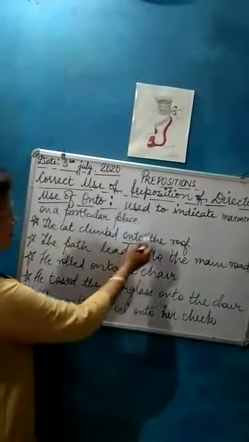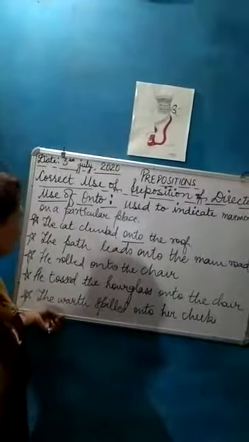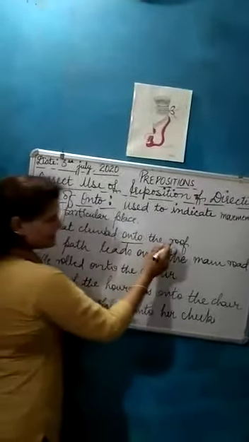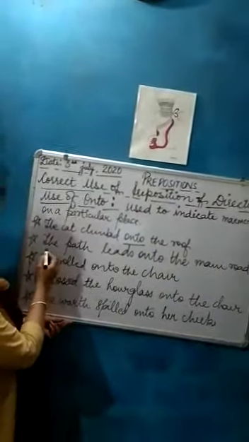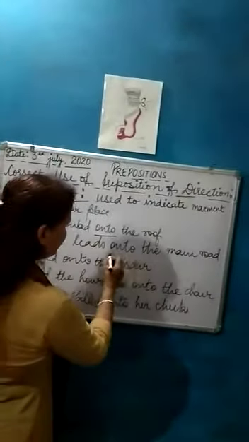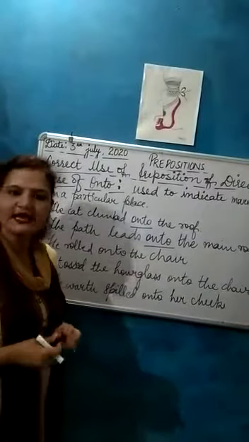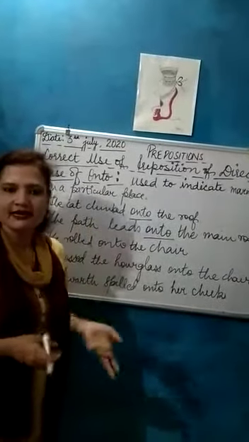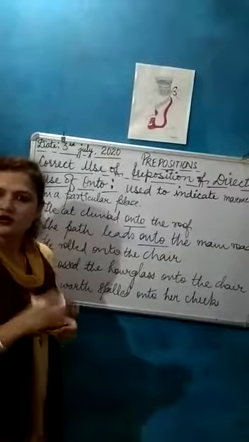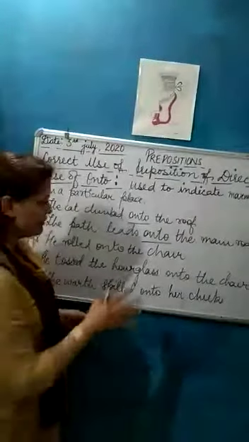Here onto is used to indicate movement on a particular place, and that is the roof. The path leads onto the main road. Here onto is used to describe movement towards an end position along a road or a river.